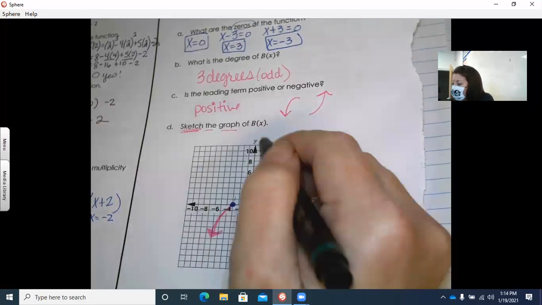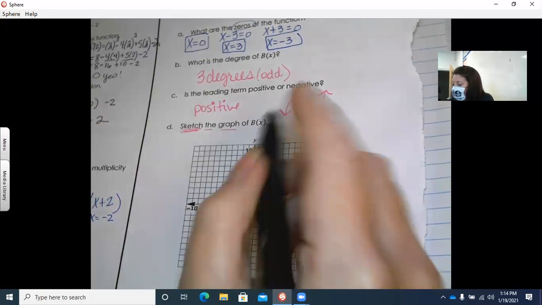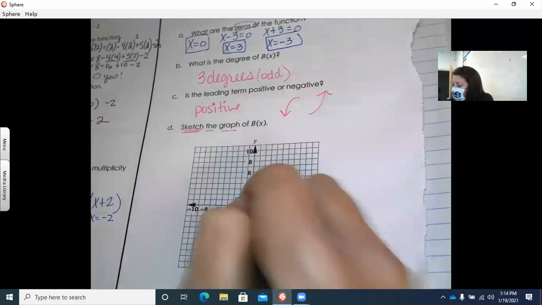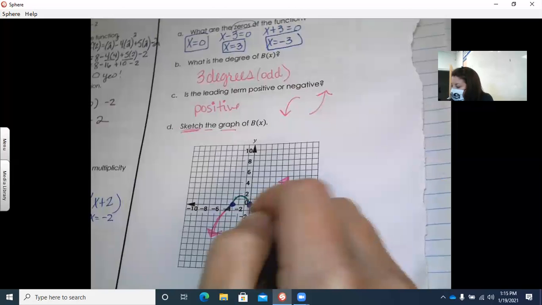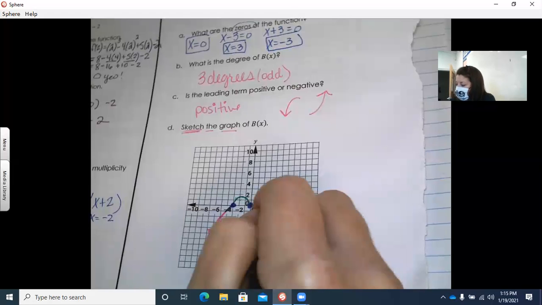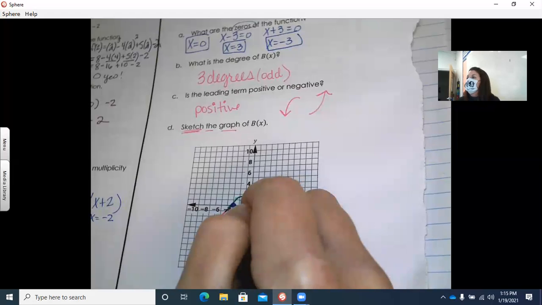It's a sketch. So I'm just going to come up and then I'm going to come back down at this point. Again, between 0 and 3, it could drop way down low or it could barely drop. I don't know. It's a sketch. I'm just taking what I know for sure and then just sketching in the middle part.